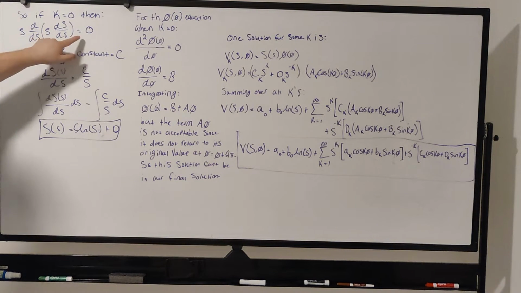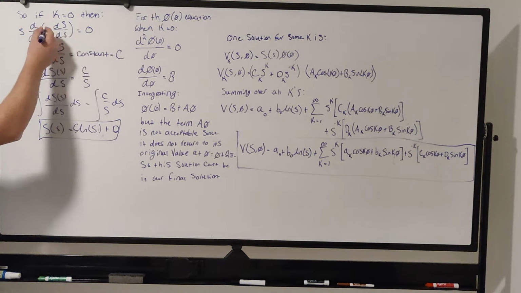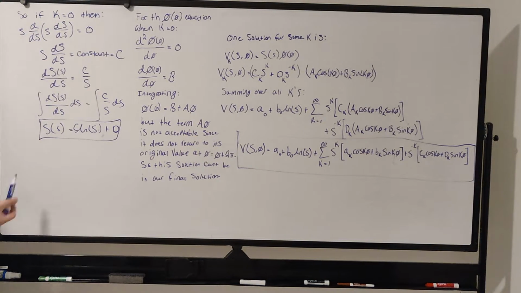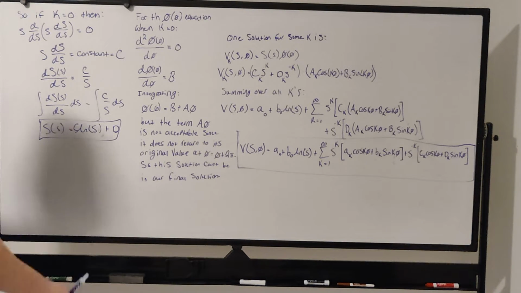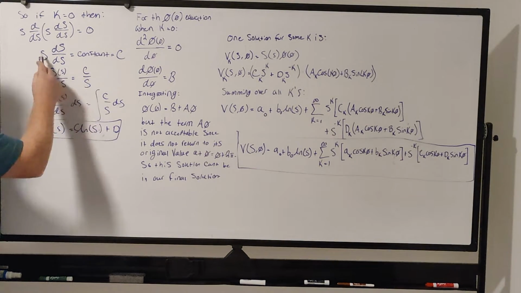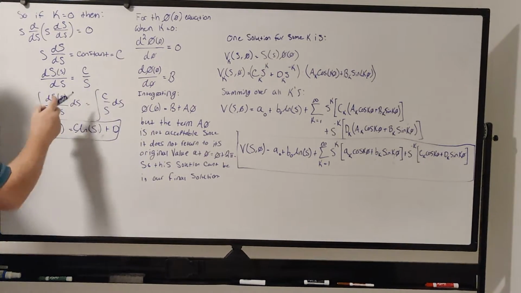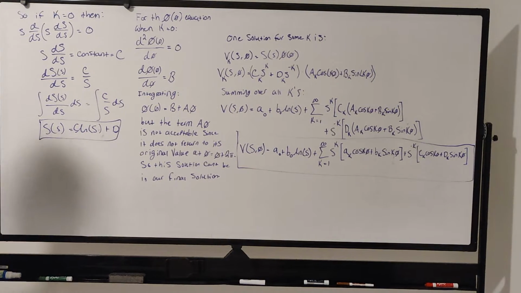So given this, what this is saying is that the derivative of this term, s times ds by ds, is 0. So that means that this must be a constant. So s times ds by ds is a constant because the derivative of a constant is 0. And so just dividing by s, let's call that constant c, and then integrating both sides with respect to s.